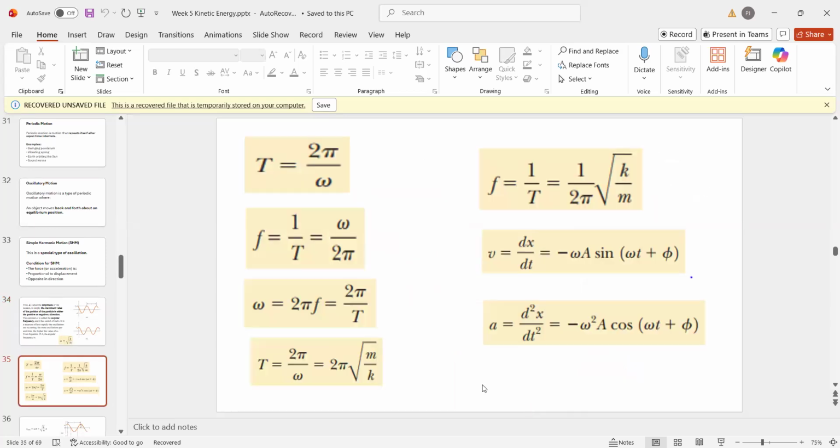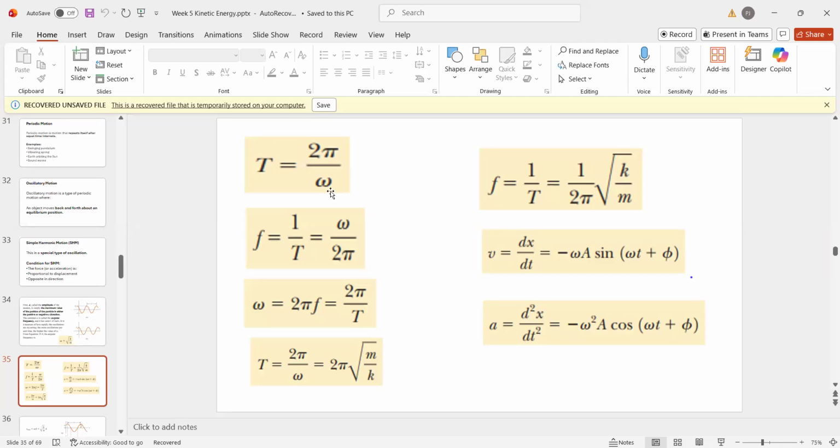So we have the period to be 2 pi over omega. How do we arrive at this? How do you arrive at 2 pi over omega? Hello, sir. Yes.